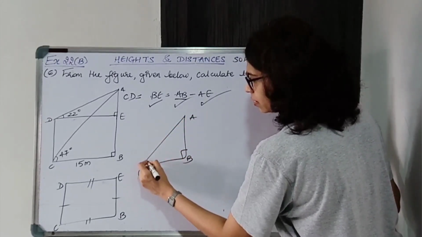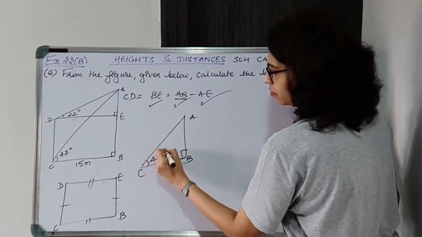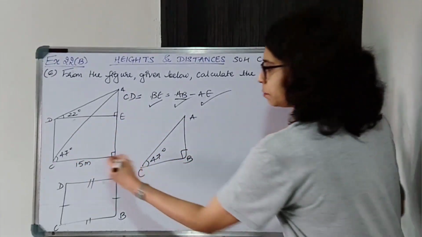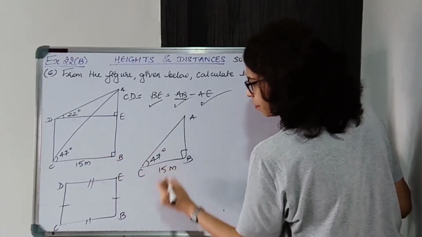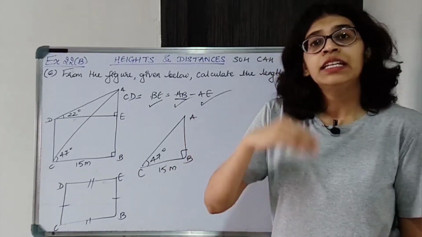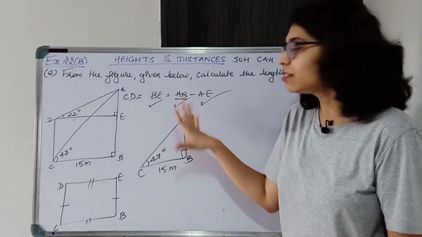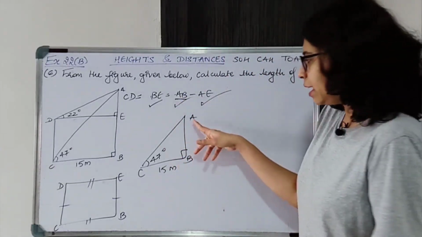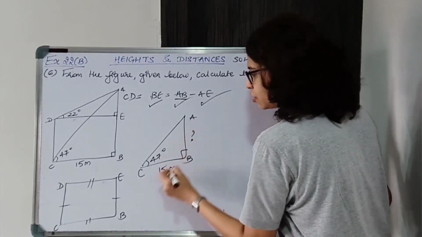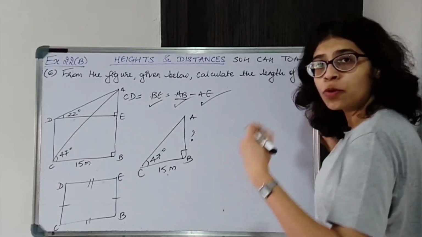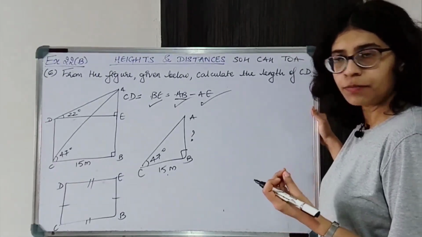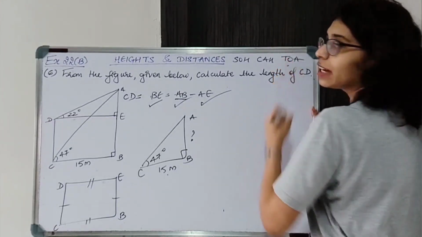All right, I've drawn this separately. Now BC is 15 meters. We know one angle, we know one side, we can easily apply trigonometric ratio and find the other side. Which side do we have to find? AB. We have to find the side opposite the angle, and the adjacent is known. The relation between opposite and adjacent is given by tan of the angle, TOA.